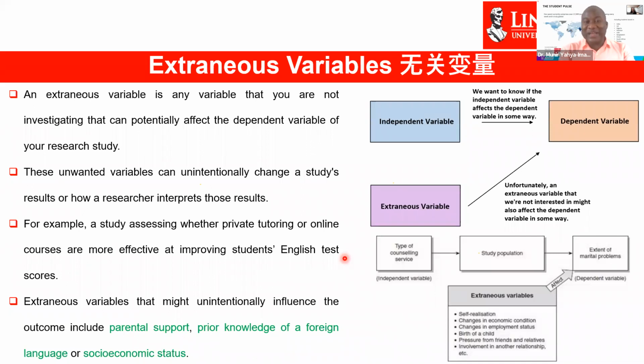Extraneous variables that might unintentionally influence the outcome include parental support, prior knowledge of a foreign language, or socioeconomic status. These are the kind of variables that can influence this kind of study. So that is basically what extraneous variables do.